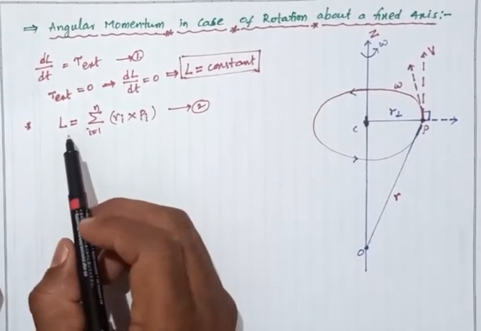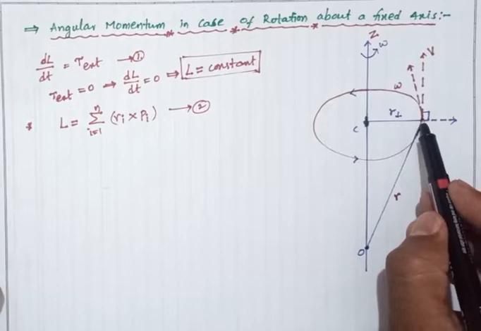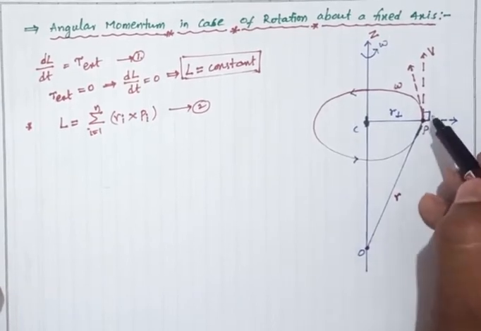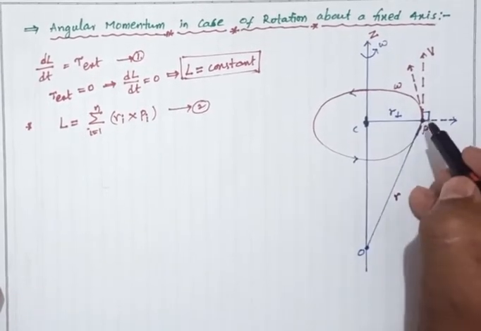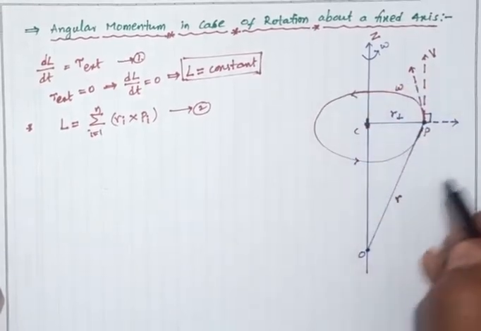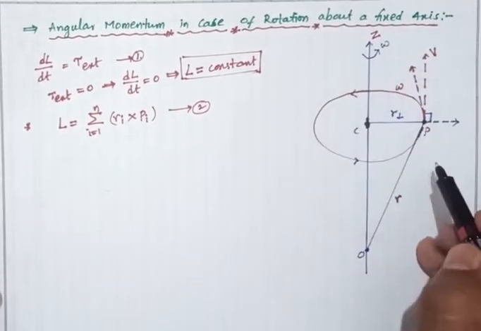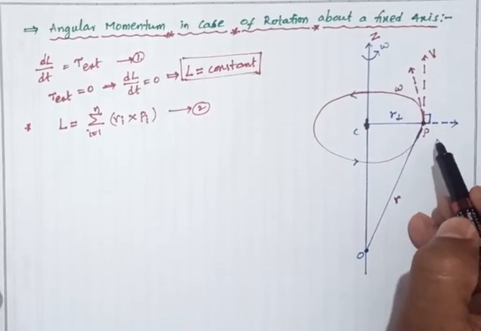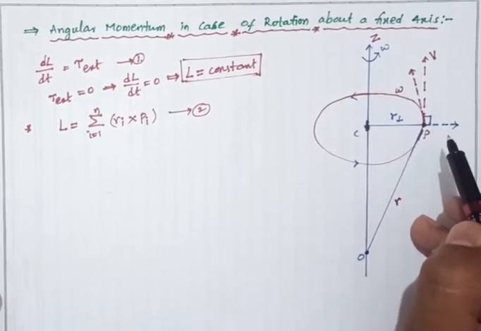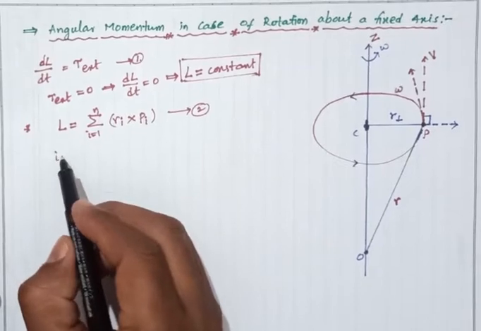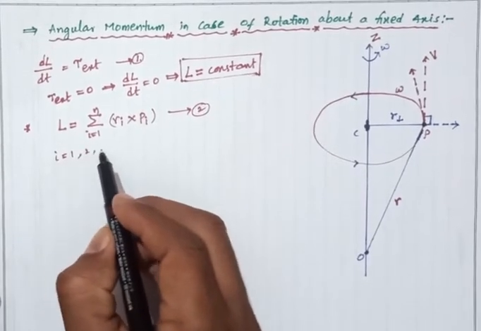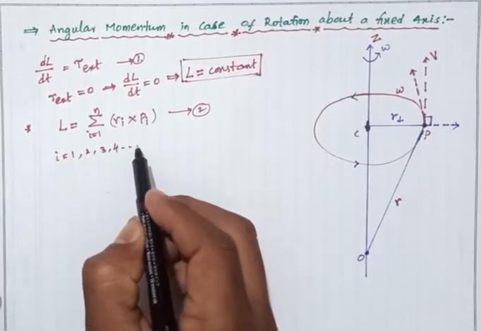Okay, this is the total angular momentum of the rigid body. The rigid body consists of ith particles, so for the complete rigid body we consider the ith particle, where i equals 1, 2, 3, 4, and so on.